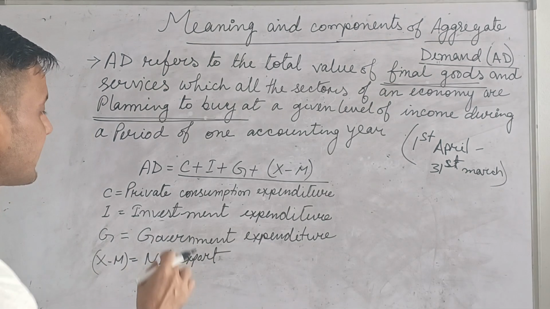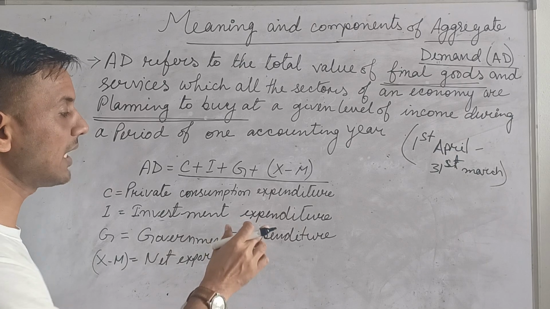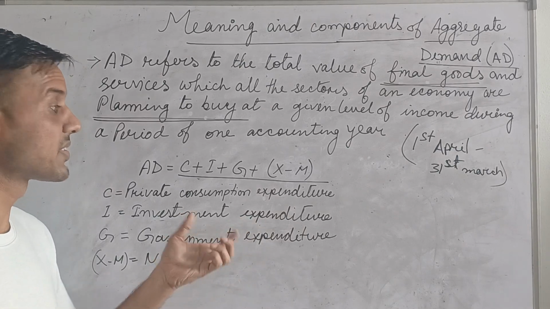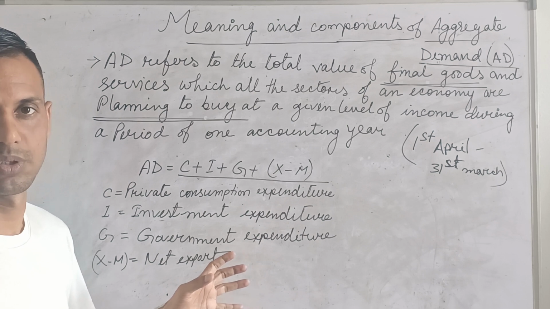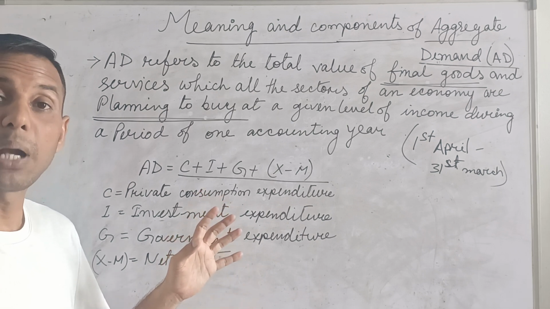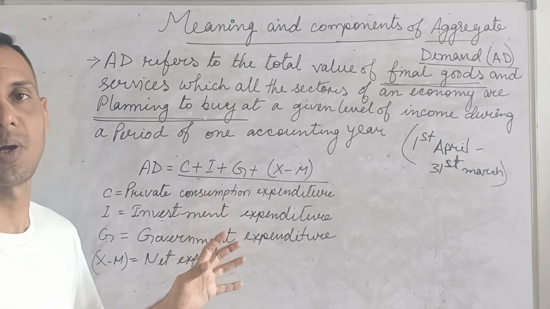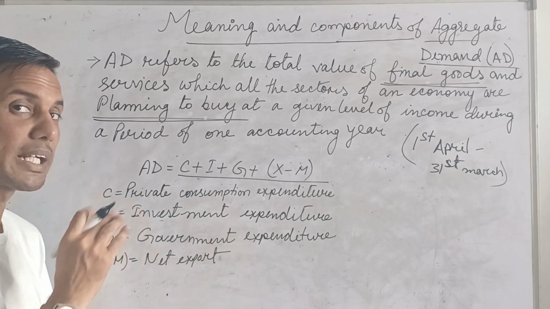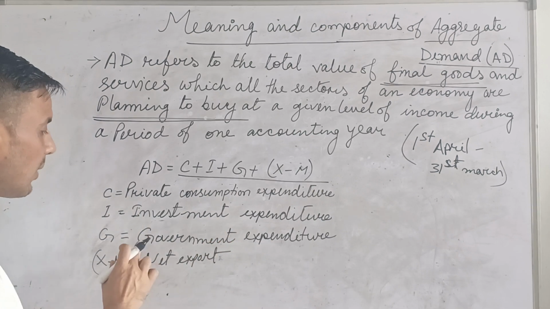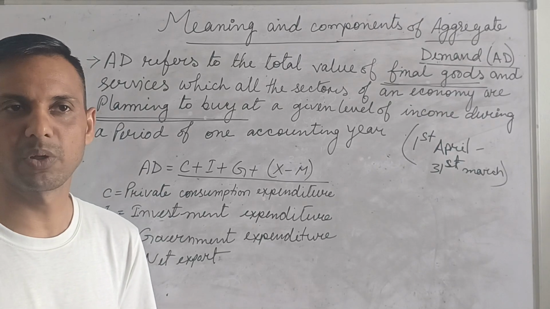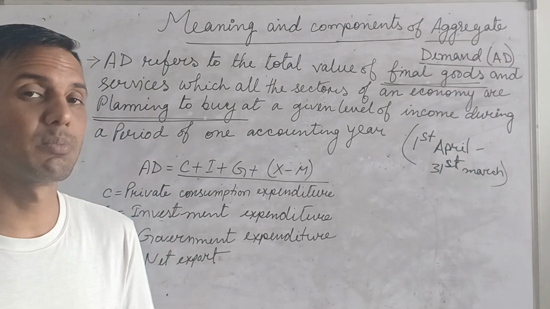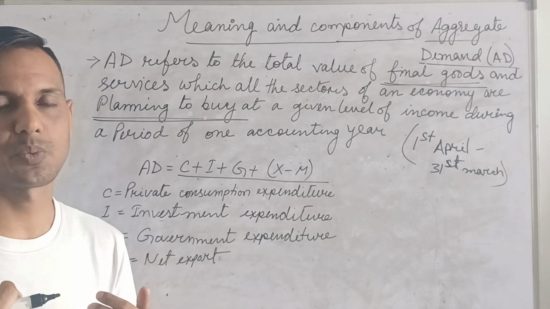Then another one is the investment expenditure. It means expenditure by the private firms on capital goods. Clear? Private firms. It means private sector on capital goods. Third one is the government expenditure. We all know about the government expenditure because this is the responsibility of the government to satisfy us.